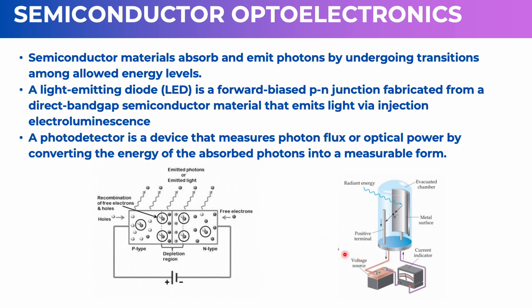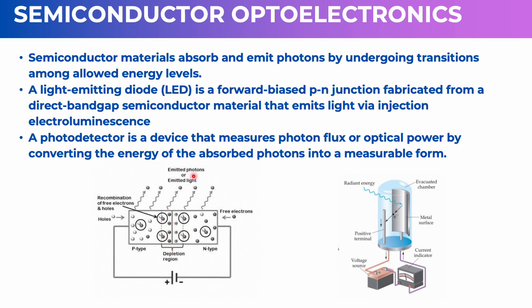The basic working of an LED involves the recombination of charge carriers, which are electrons and holes, within the semiconductor material. When a forward voltage is applied to the LED, the electrons from the N-type region and the holes from the P-type region move towards the junction between these two regions, which is the depletion region. At this junction, these charge carriers then recombine and release energy in the form of photons.